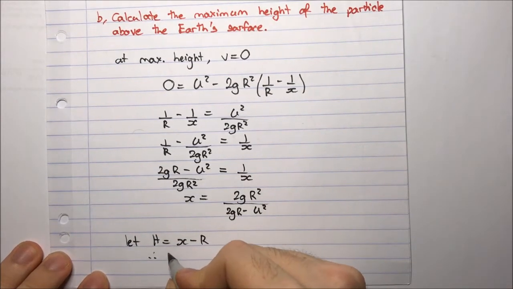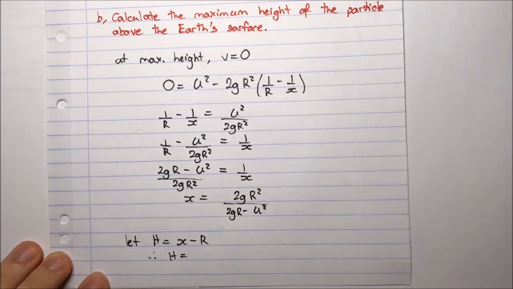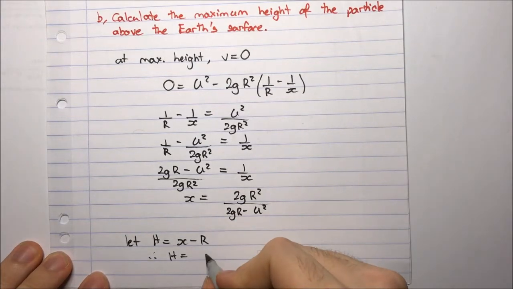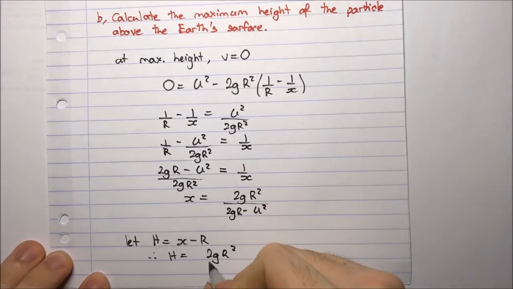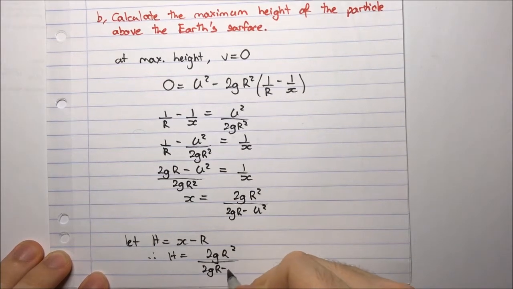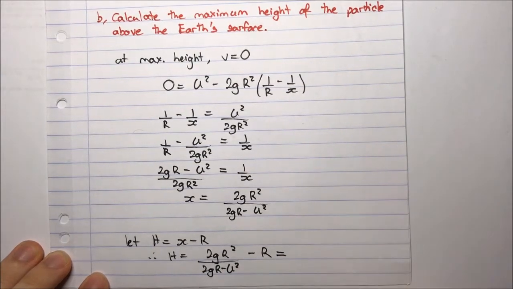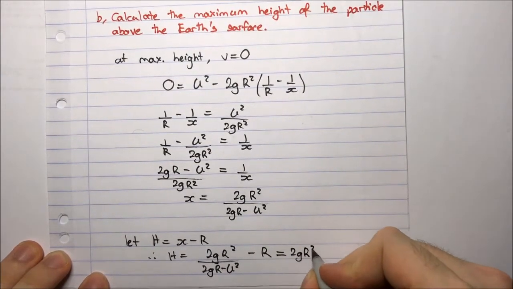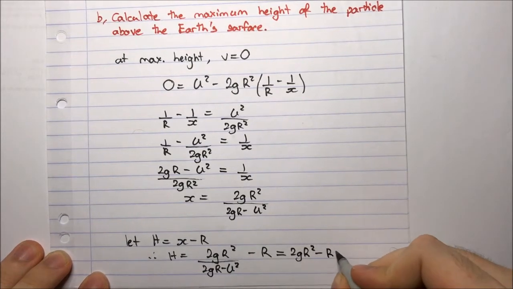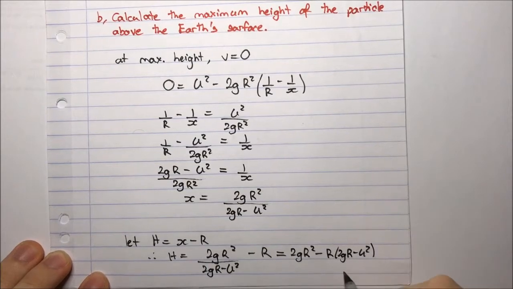So therefore h, which is now the distance from the surface to the particle, wherever it is, equals 2gR squared over 2gR minus u squared, minus R, which is R times 2gR minus u squared over 2gR minus u squared.